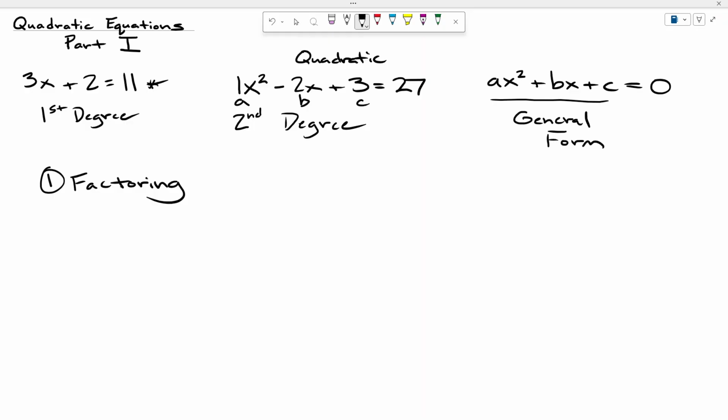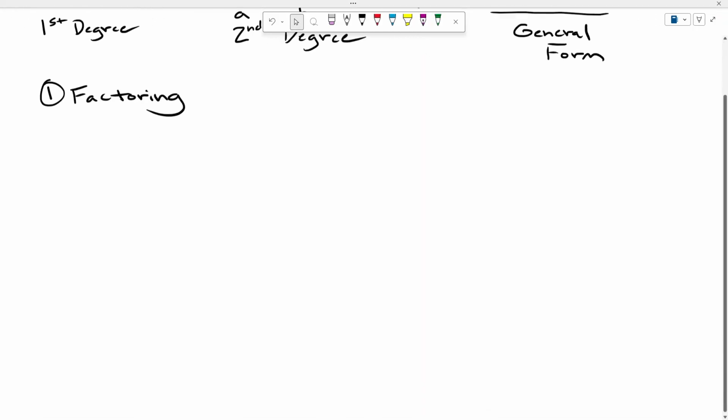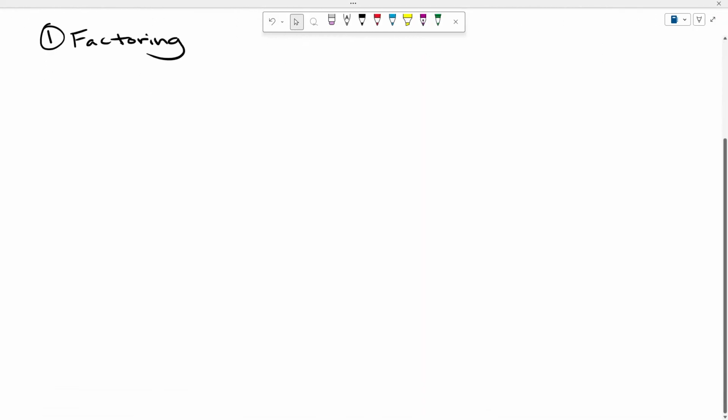So this is all going to be now under factoring. Let's get some space here. All right. So this is our first method. We'll do a couple in this video, and then we'll do a couple in another one. But these are all going to be different methods you can use for solving quadratic equations.